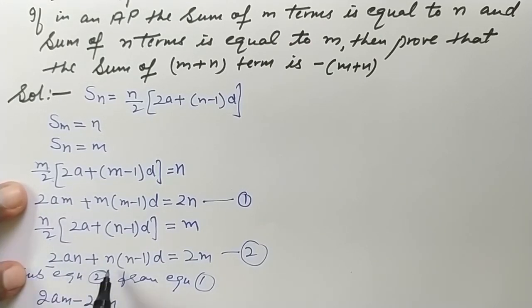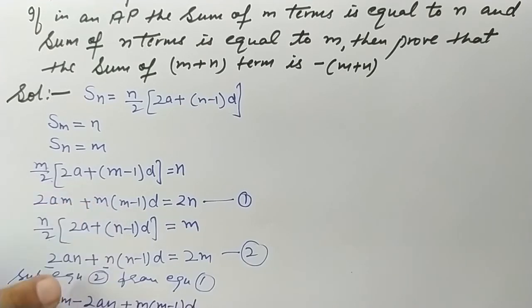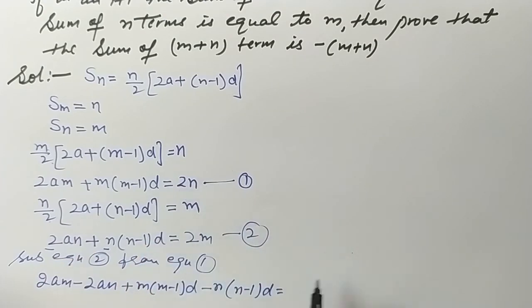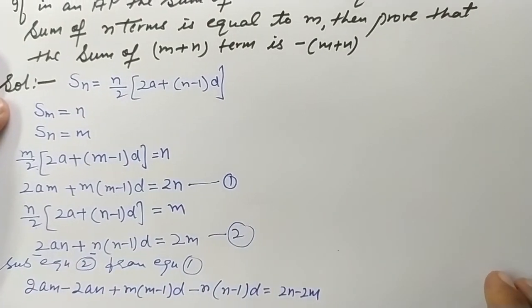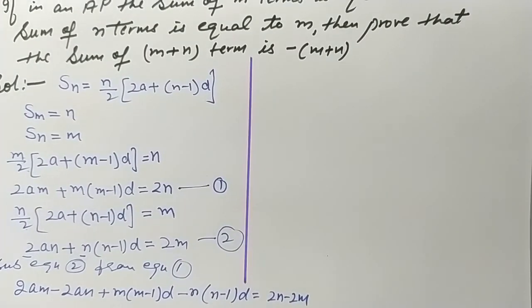Here it is plus m into m minus 1 d, and because the sign is changed, minus n into n minus 1 d is equal to the right hand side, which becomes 2n minus 2m.